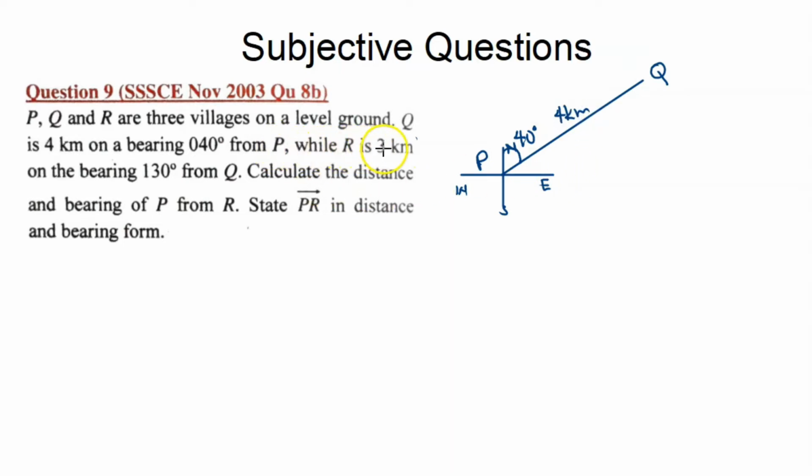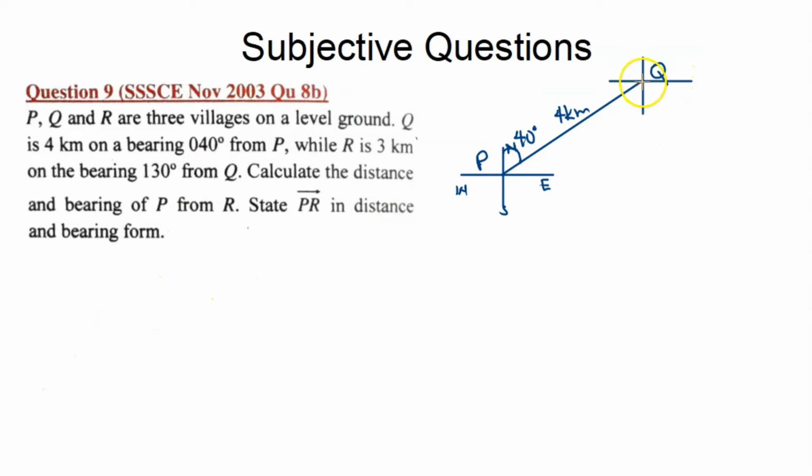While R is 3 kilometers on a bearing of 130 degrees from Q, we have to draw the cardinal point at Q that will lead us to R. So I have my cardinal point here. Reading 130 degrees from the north pole of Q, the terminal line will fall within the fourth quadrant, which is between the south and east poles.